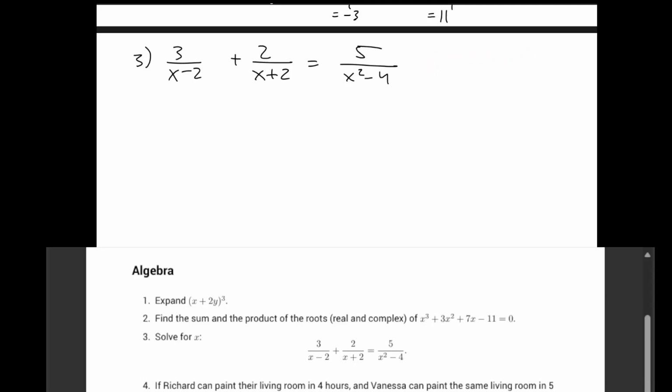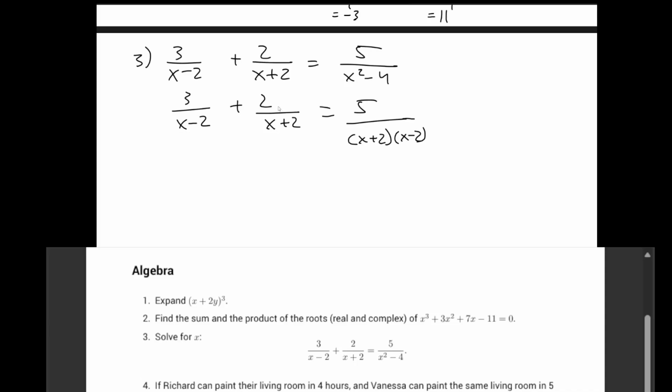So we'll have 3 over x minus 2 plus 2 over x plus 2 equals 5 over x plus 2 times x minus 2.